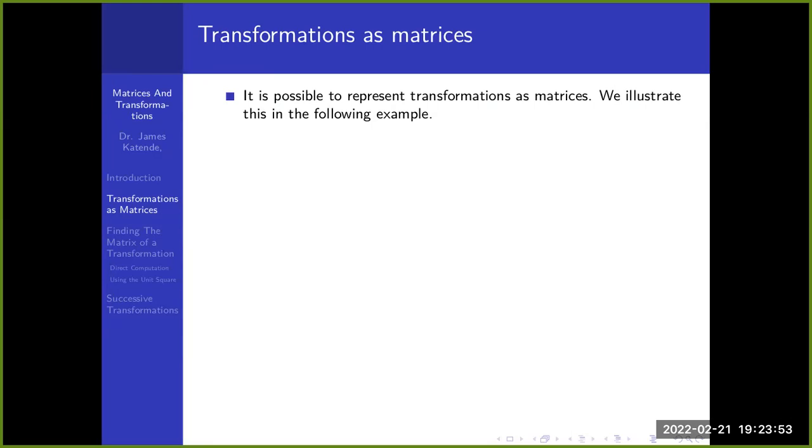If you observe, all through for the reflection and the enlargement, we considered the origin as the center for both cases. And when we considered lines, we only considered lines that pass through the origin, because those are the ones that we'll be able to represent as matrices.